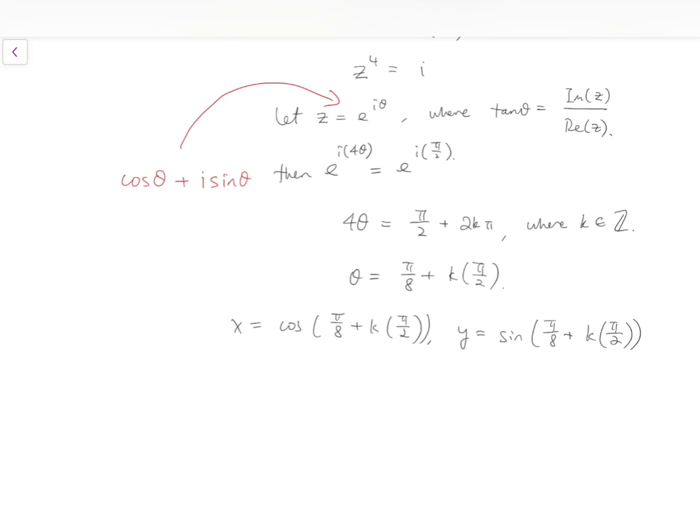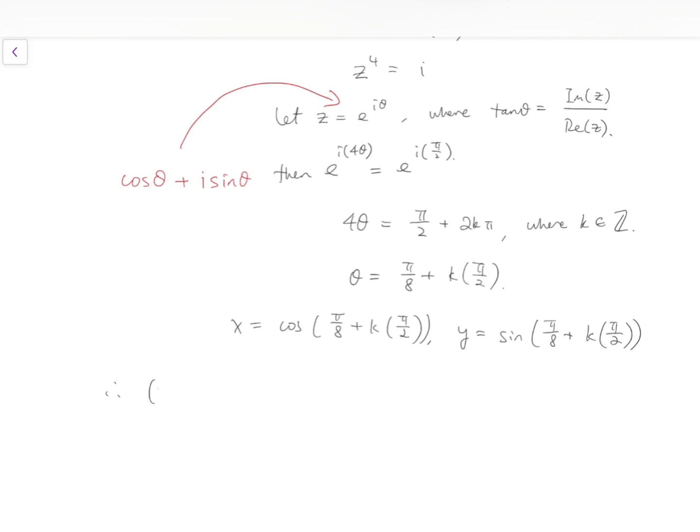Under the structure of the solution, there are actually only 4 choices of k, which are just 0, 1, 2, and 3, because starting from k equals 4, that is 4 times pi over 2, which is 2 pi, and by the periodicity of cosine and sine, the values will just repeat themselves.